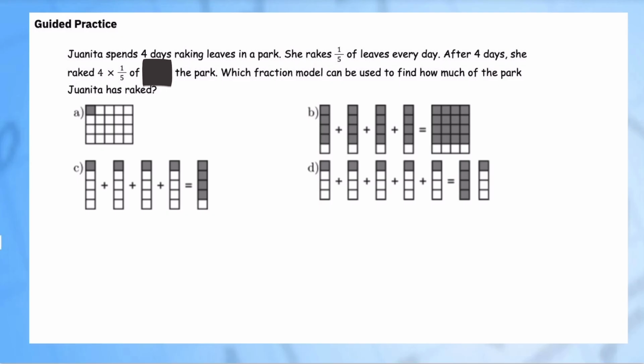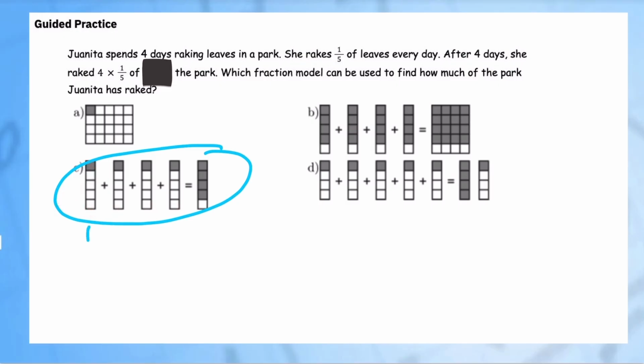All right, so which is the exact answer? Is it A, B, C, or D? Which one shows 4 groups of 1/5? And the answer is, boom, there you go. C shows 4 groups of 1/5, and I can see them here, 1, 2, 3, 4, and each of these represents 1 out of 5.